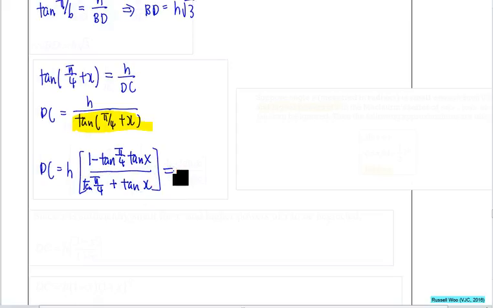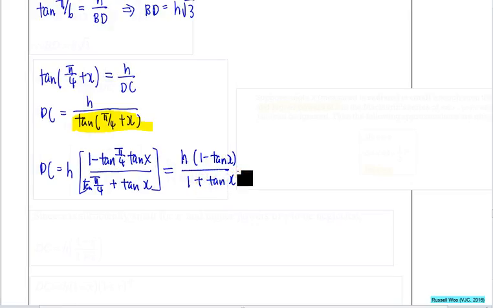Which actually is what? Tangent pi over 4 is what? 1. Very easy. 1. Oh, sorry, I must say, very easy. So 1 minus tangent x over 1 plus tangent x.